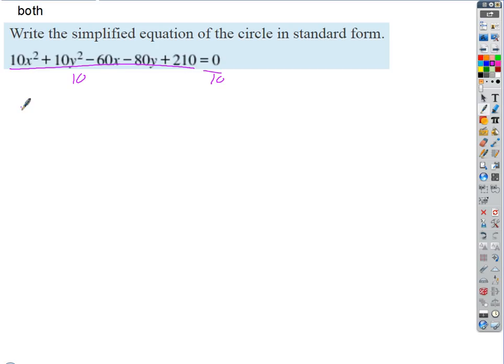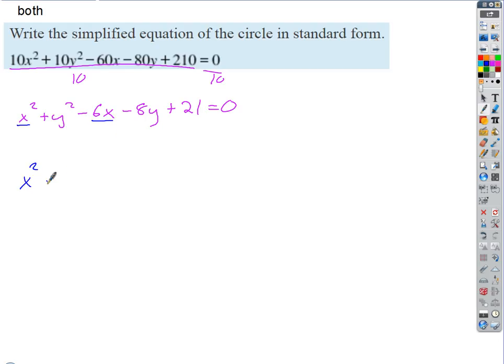So the first term is going to give me x squared plus y squared minus 60 over 10 is 6x, 80 over 10 is 8y, and then dividing 210 by 10 means I just cross off a 0, so I get 21. Okay? So then we want to, same as before, collect the x terms together.